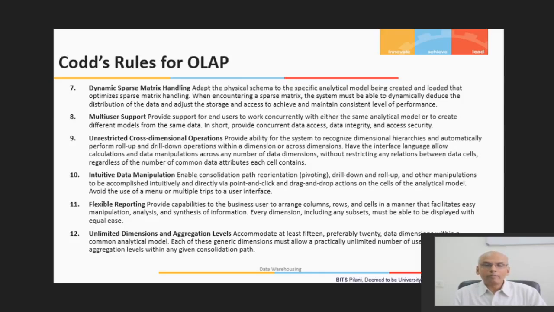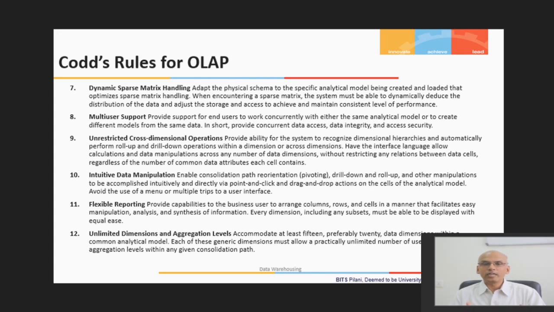And it should provide for multi-user support, so it is possible that there is a need for collaboration among the users. The OLAP tool should also enable cross-dimensional operations. That is to say, the dimensions have hierarchies and the dimensions should be connected in order to understand better.